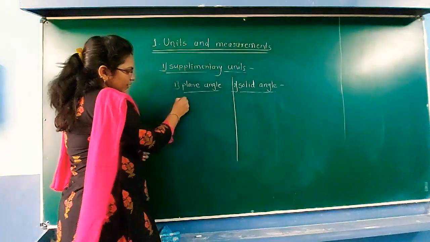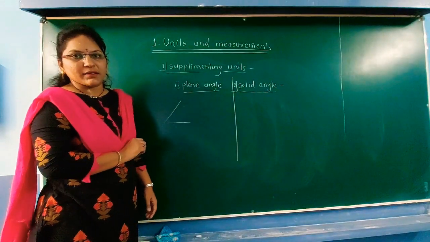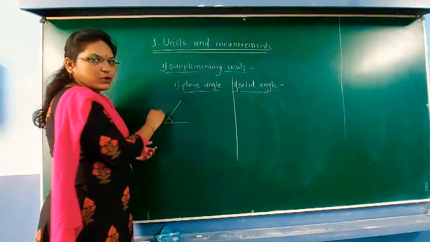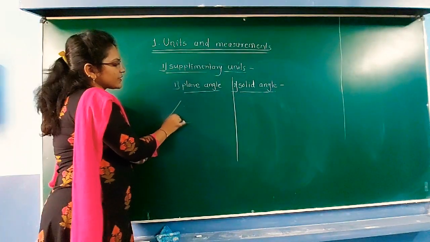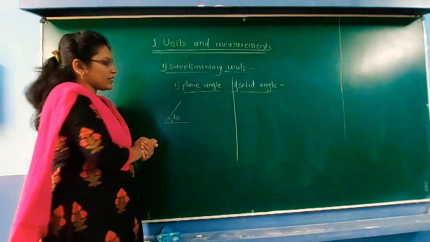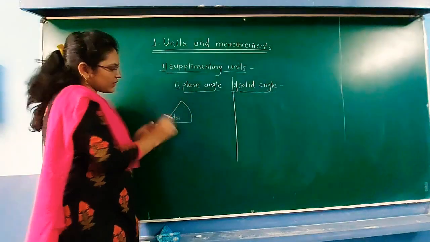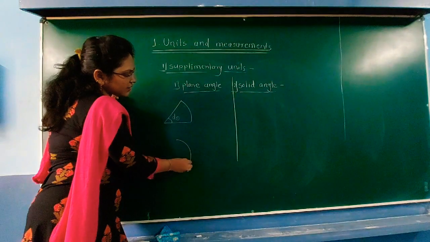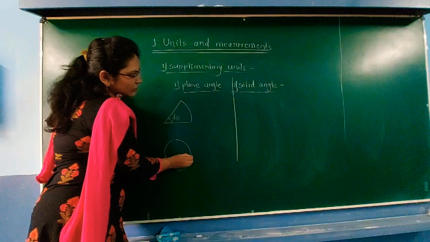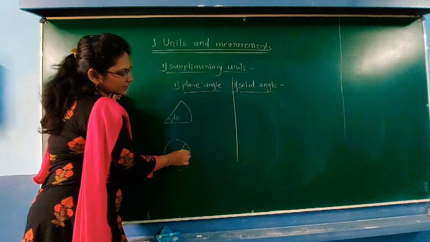See here, if we draw an angle on a plain paper, say an angle of 30 degree or any angle theta, we call it d theta. Consider this is a circle and we have taken some part of the circle, having angle d theta.